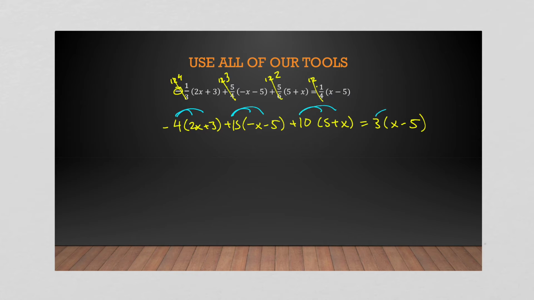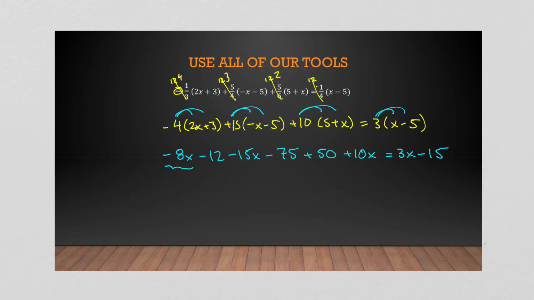So step 1, fractions. Step 2 is now brackets. So minus 12 minus 15x minus 75 plus 10, plus 50 plus 10x equals 3x minus 15.